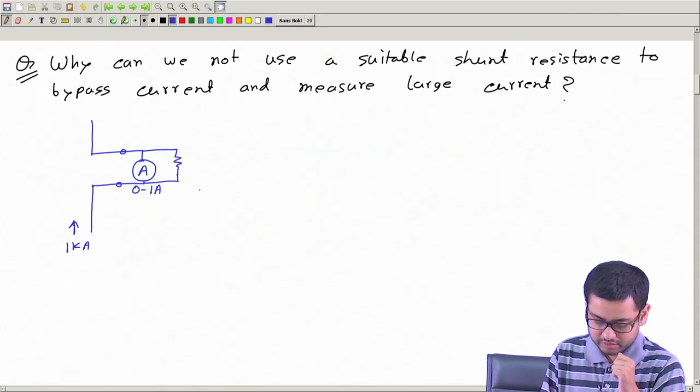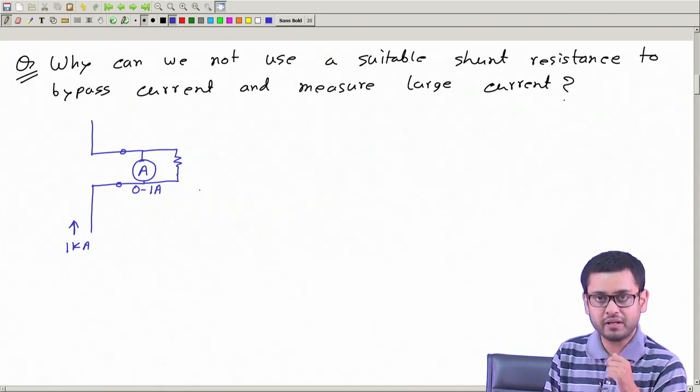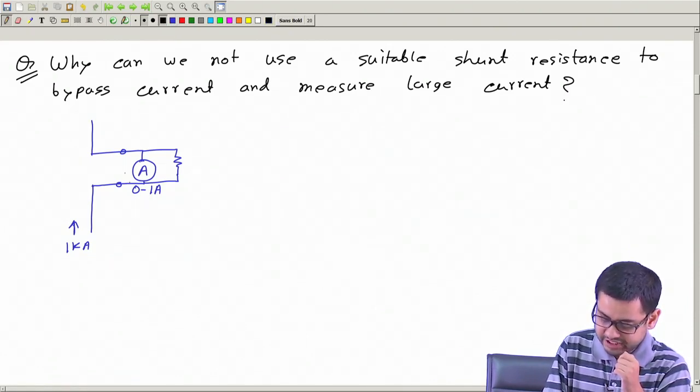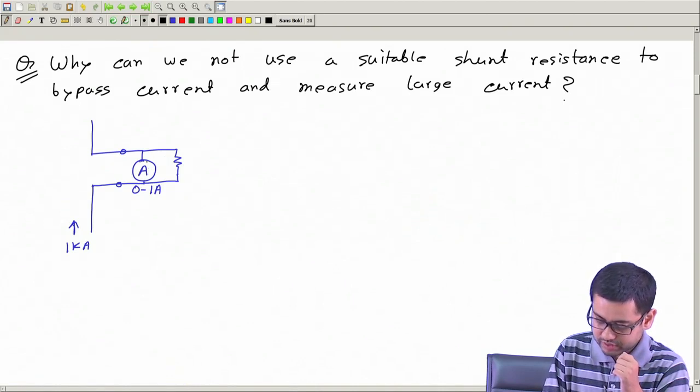Okay. So, let us take an example to understand this. What is the merit of using a current transformer? Say for example, the internal resistance of this ammeter is 99.9 ohm.